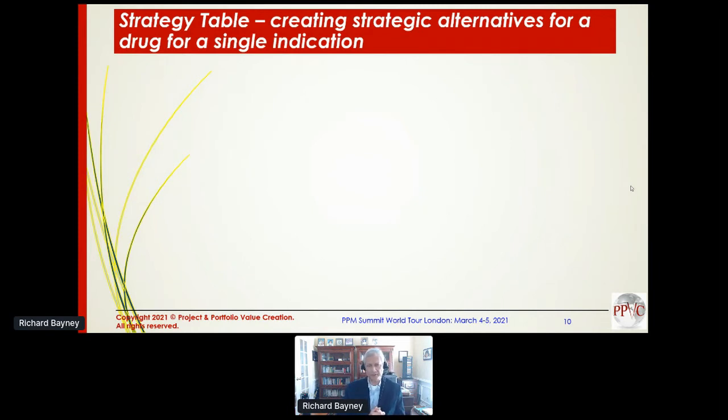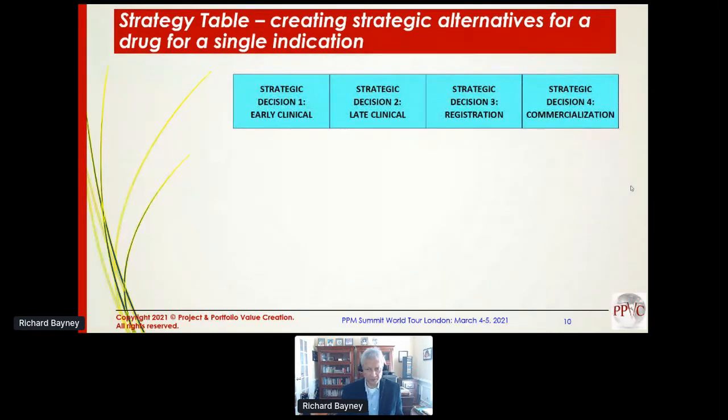So what I'm going to do here is describe how a strategy table is actually developed and utilized for the purposes of creating these 3 strategic alternatives for a drug for a single indication or disease. We begin left to right with strategic decisions 1 through 4. There's an early clinical decision, a late clinical decision, a registration decision, and a commercialization decision.